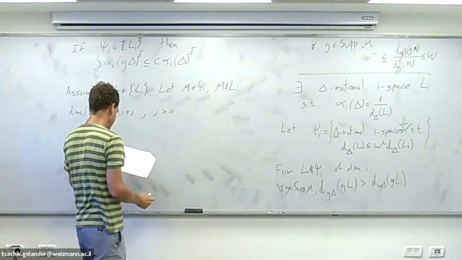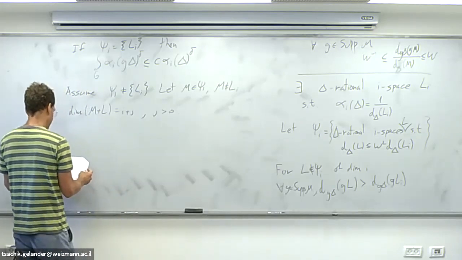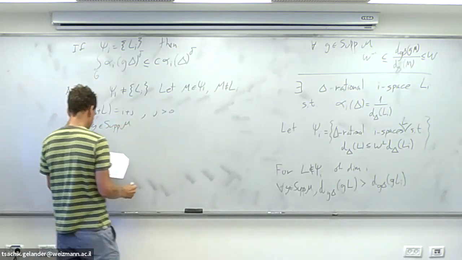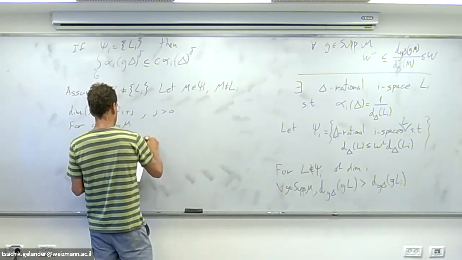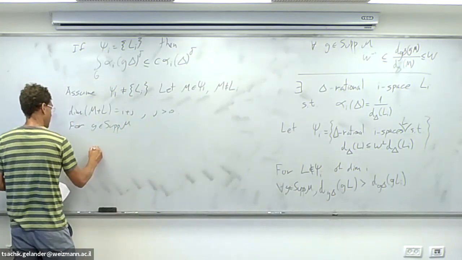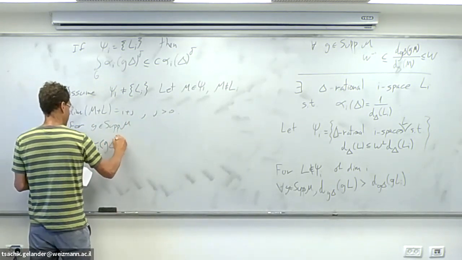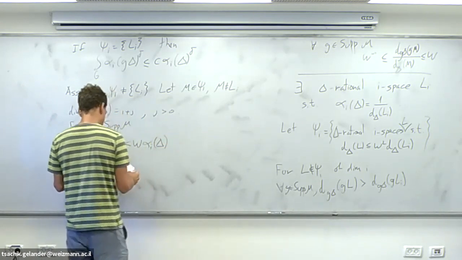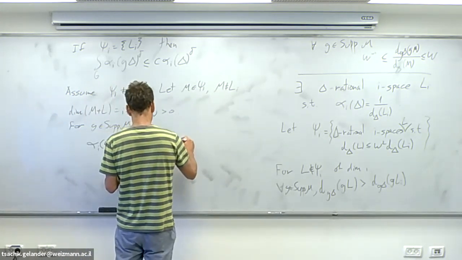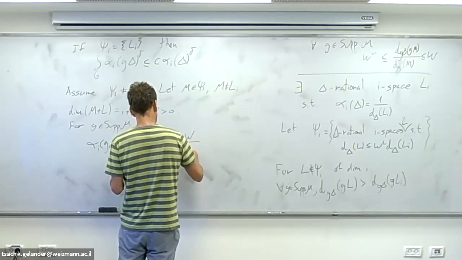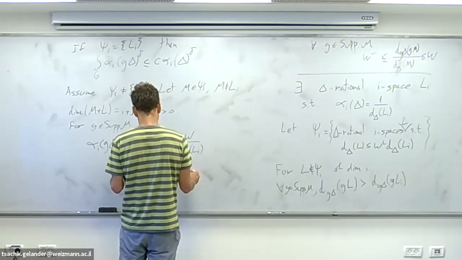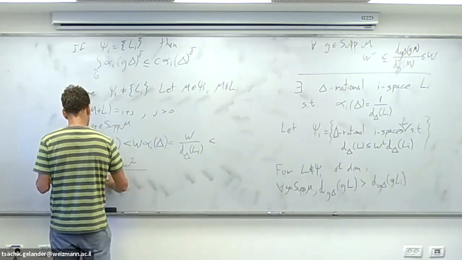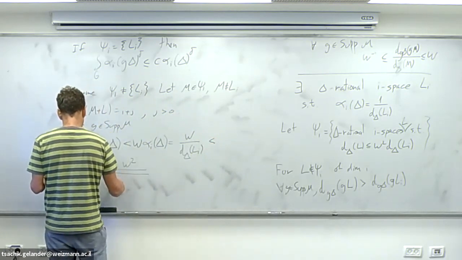And now, from the lemma that we had before, we get the following. So for g in the support, we get that alpha i of g delta is at most omega alpha i of delta, which is equal to omega divided by d delta of Li, which is at most omega squared divided by d delta of M. Okay, you check it later. Every line is easy to check.